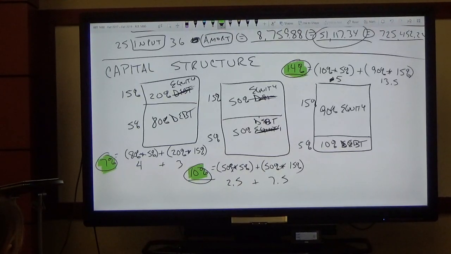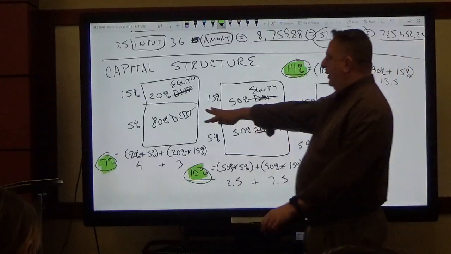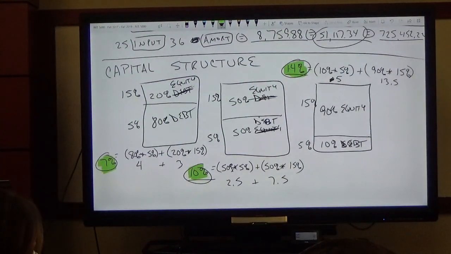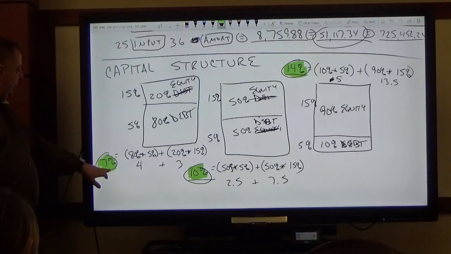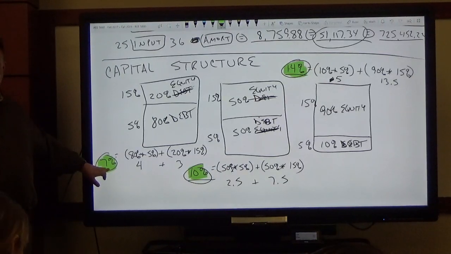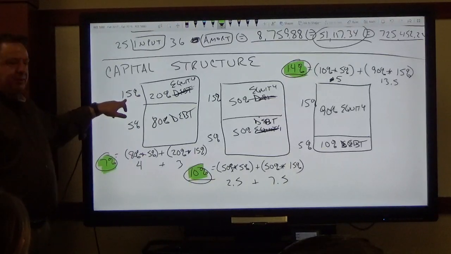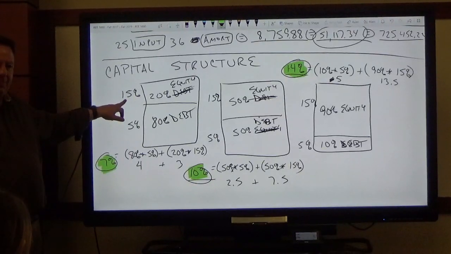Now, this also helps to illustrate the more important piece. In a perfect situation where your project is guaranteed to do well, and you want to maximize your leverage, you're going to go over here to this one. Because if the project only yields 7%, you're still going to get your 15% return on equity, which you're going to be happy with.